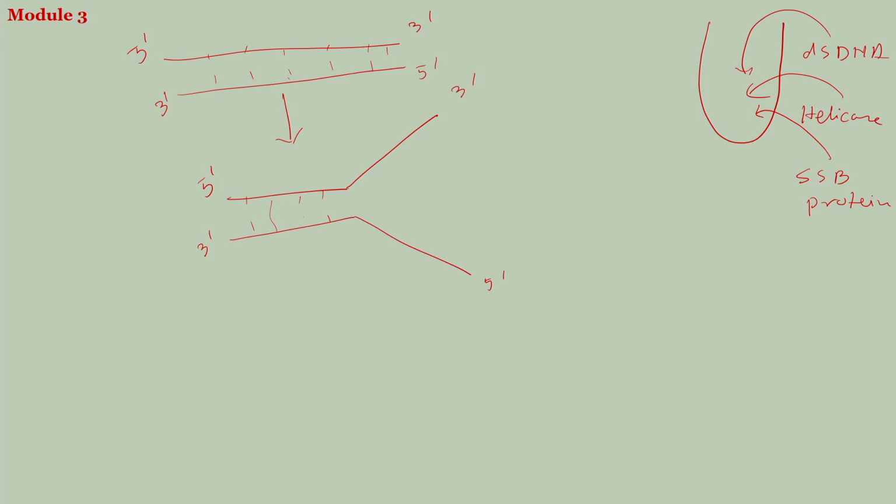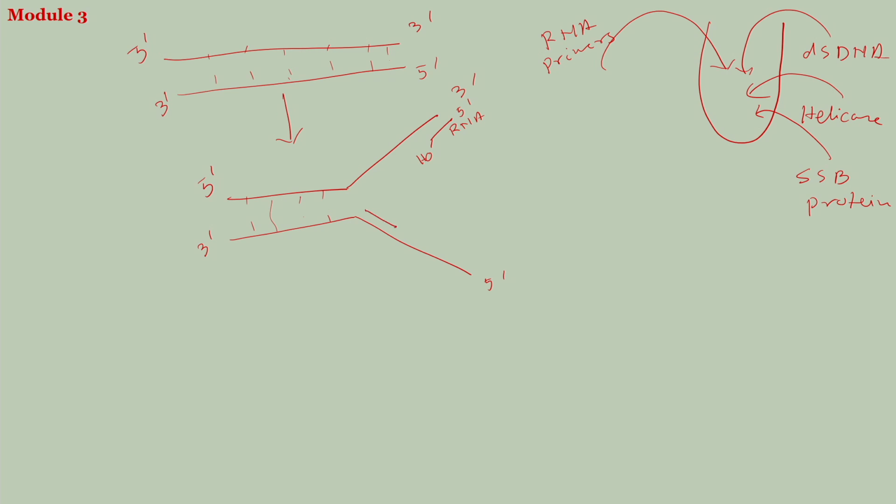So far so good. Now, what do you need? Now, you need the RNA primers. Add the RNA primers, maybe with the help of the primase enzyme, and that will start the replication. So, this is your RNA, 5 prime, and you have the 3 prime hydroxyl group free.